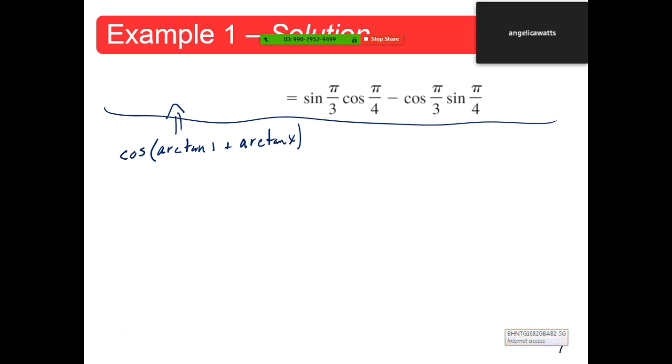Okay. I'm going to give it away here and say this is an angle. You want to just call it theta because that's my favorite angle? So if arctangent 1 is equal to theta, can you give me another expression that says the same thing?